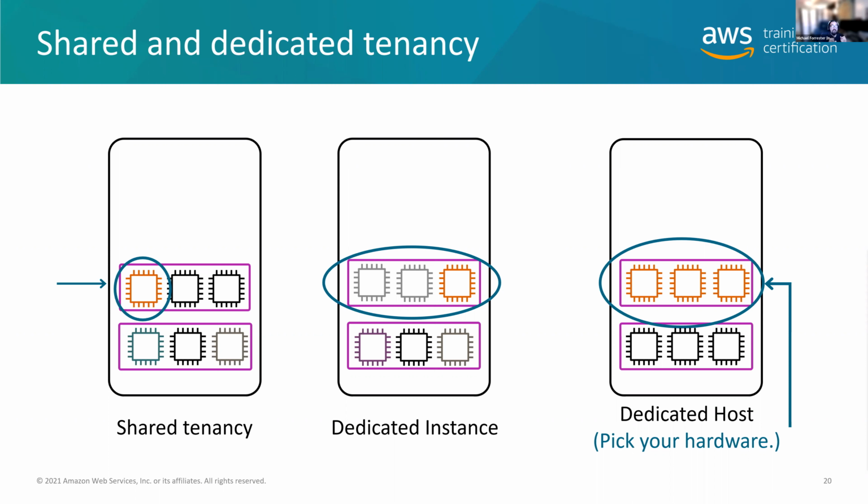Also, you have to create your own VPC that has dedicated tenancy in order for this to work. You cannot run a dedicated host inside of a shared VPC, which is also known as a default VPC, okay?